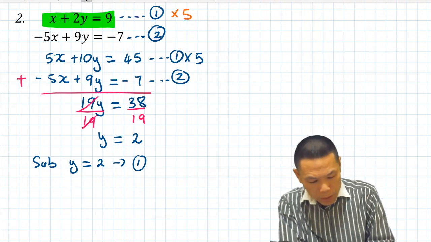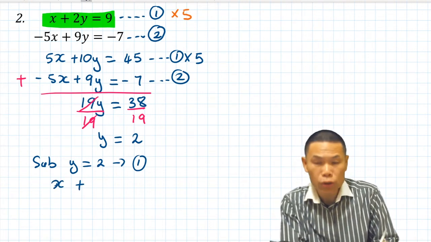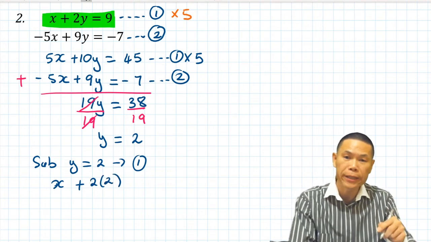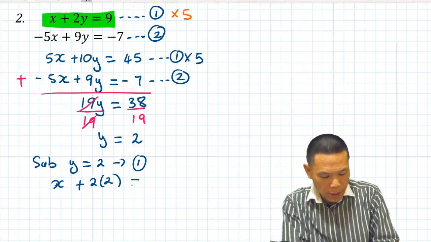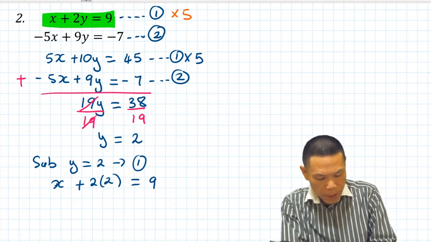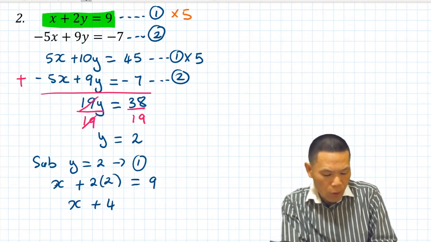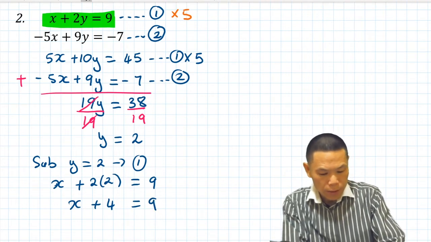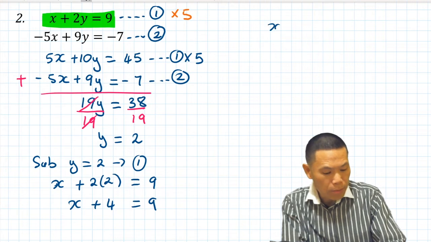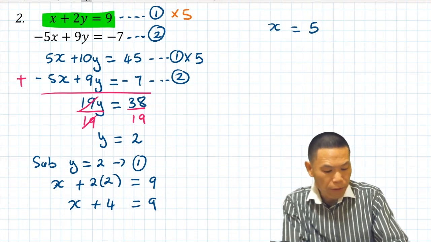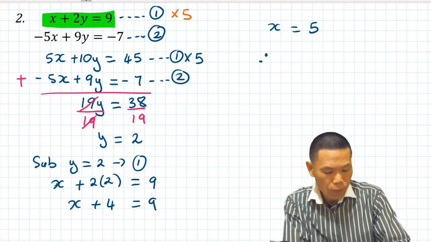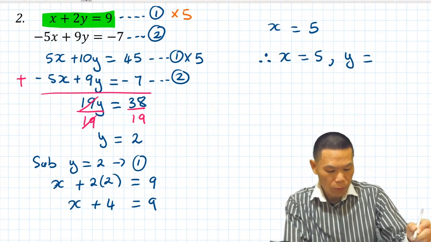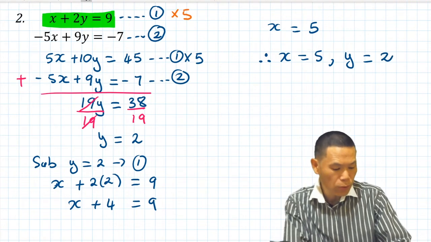So this becomes x plus 2 lots of y means 2 lots of 2 because y is equal to 2. So that equals 9. So x plus 4 is equal to 9. Then I write up here. So x must be equal to 5. So therefore, x is equal to 5 and y is equal to 2.